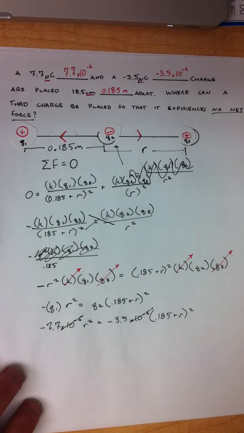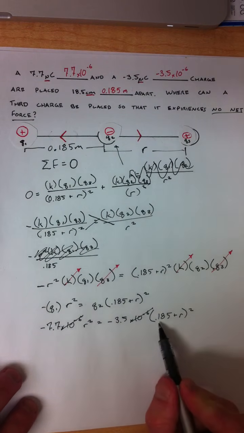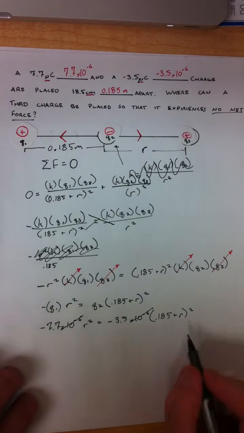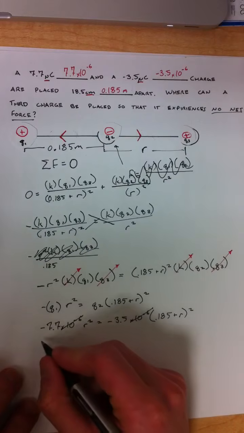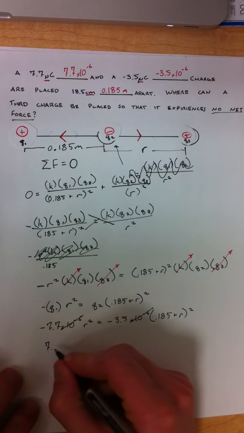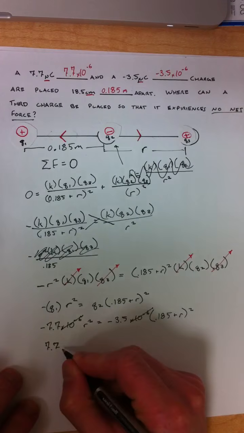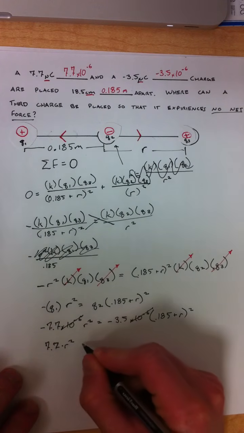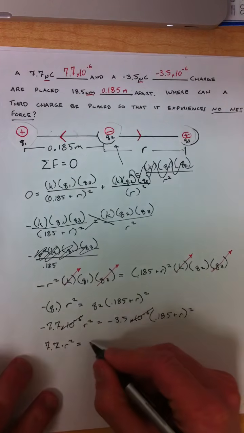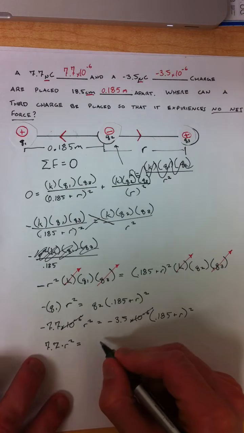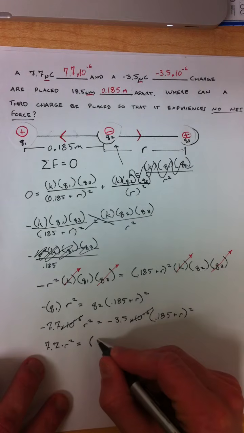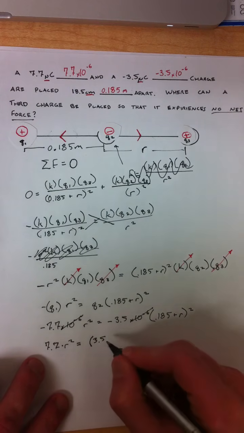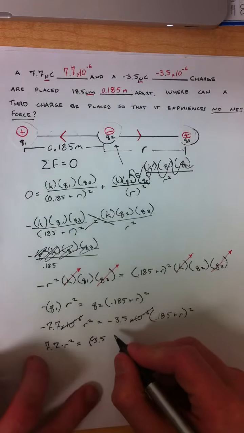And following that, we can multiply out or expand this (0.185 plus r) squared, just good old-fashioned foiling. And that'll bring us to 7.7 times r squared equals 3.5, and that's a negative.